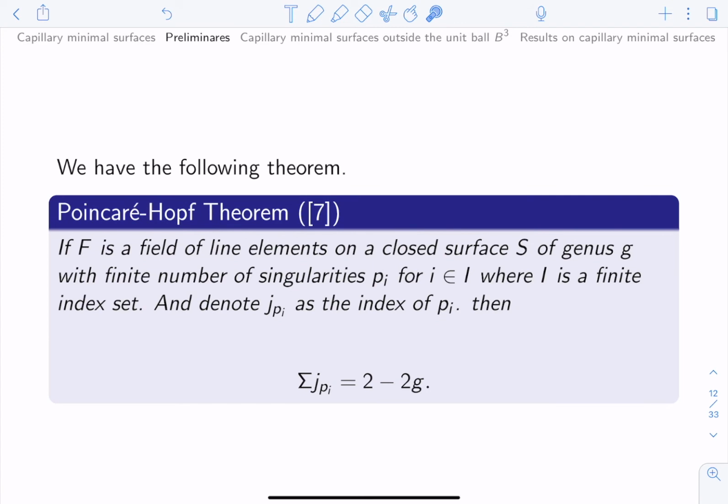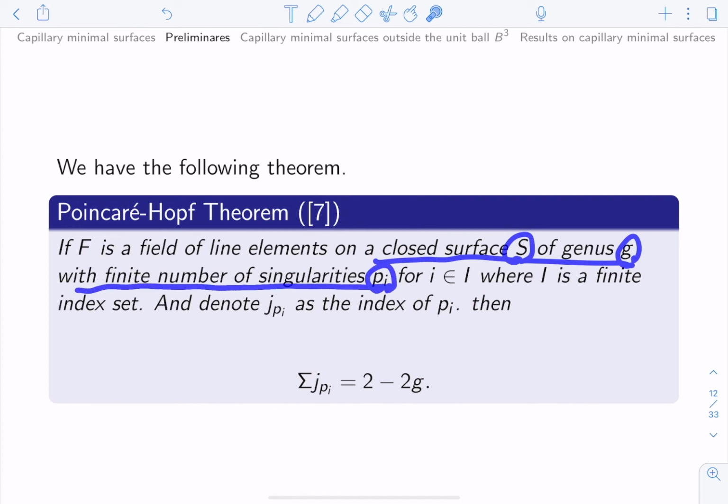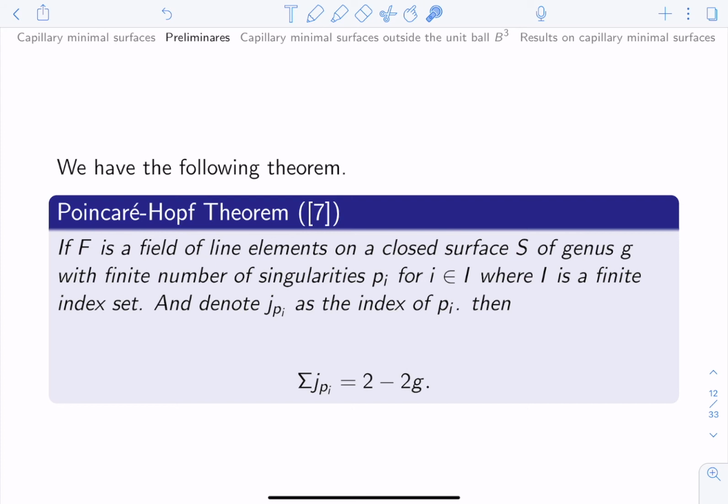And we have the following theorem. It is called the Poincaré theorem, and it states that if F is a field of line elements on a closed surface S of genus g with a finite number of singularities p_i, then the sum of the indices along the singularities is equal to the Euler characteristic of the surface.